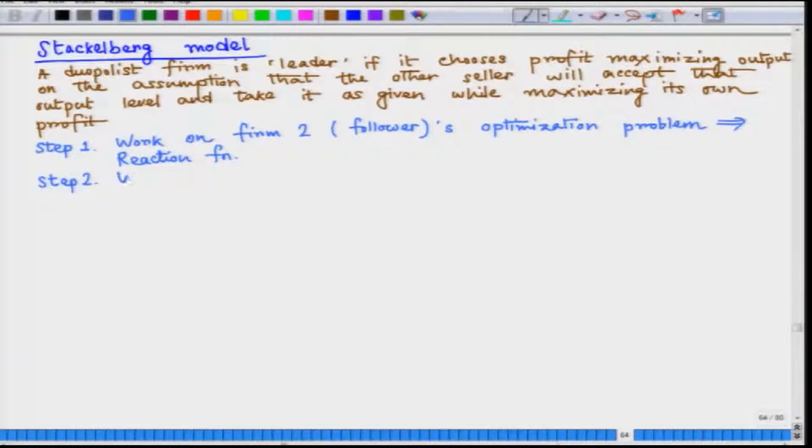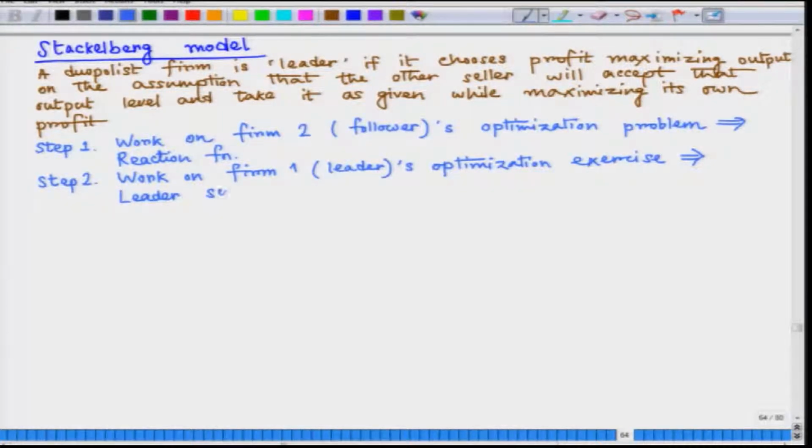In this case, firm 1 is our leader, and we will see that the leader substitutes this reaction function, say R2, in its profit equation before it maximizes its profit, right. So, this is a two step procedure.